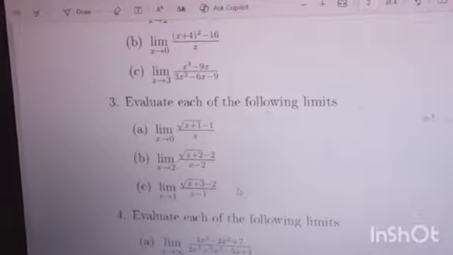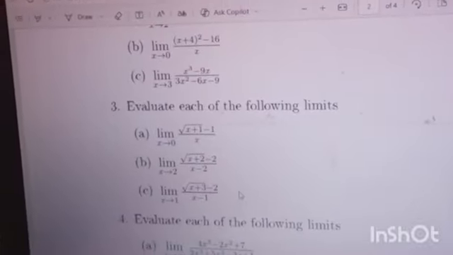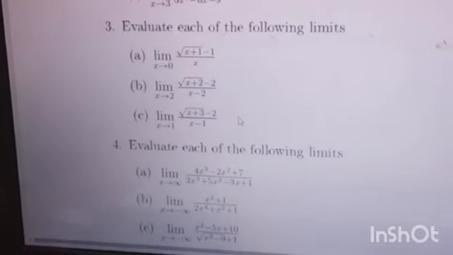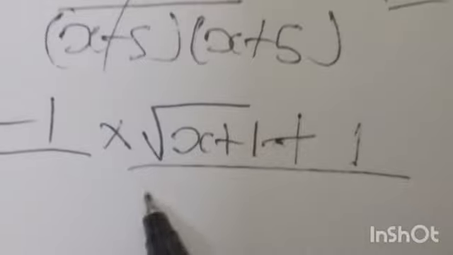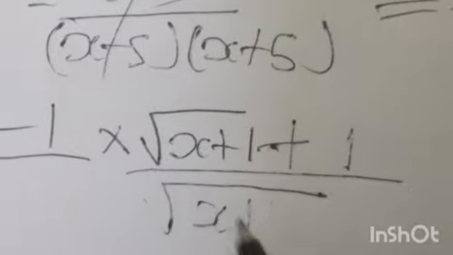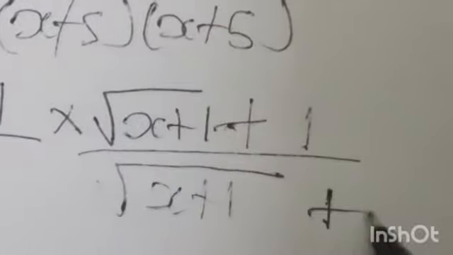So what's the conjugate of the numerator? You are multiplying it by root of x plus 1, as it is in the root, plus 1. Here we have a minus, so we will make it a plus 1. The same on the denominator: root of x plus 1, then plus 1.